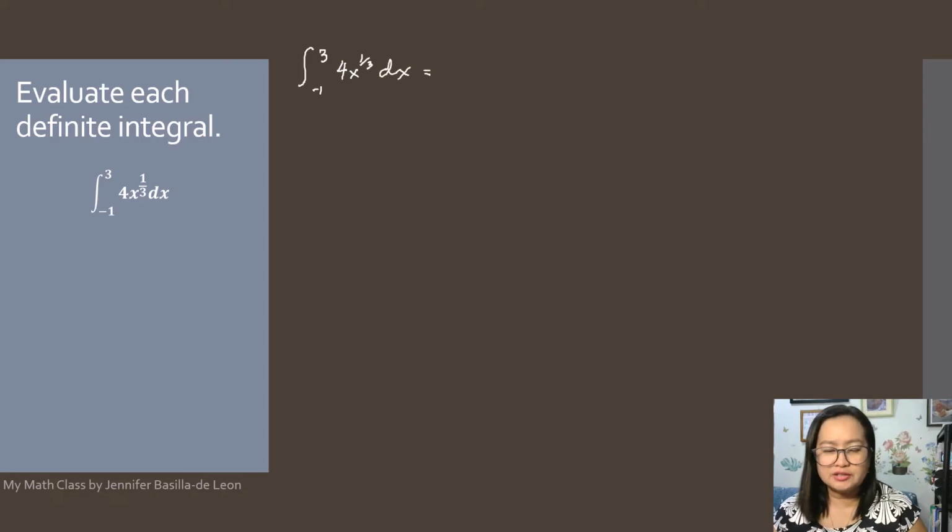We get first the antiderivative of the given function. Then we simplify.